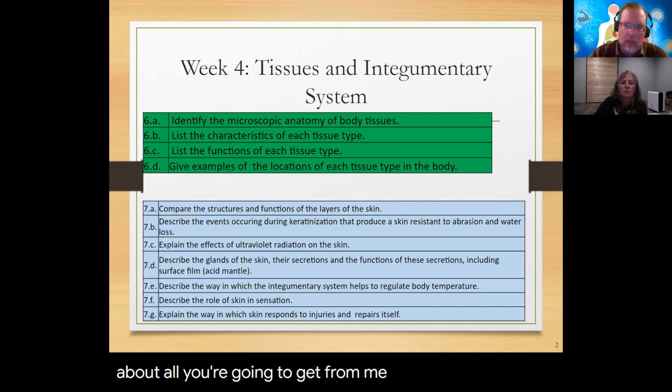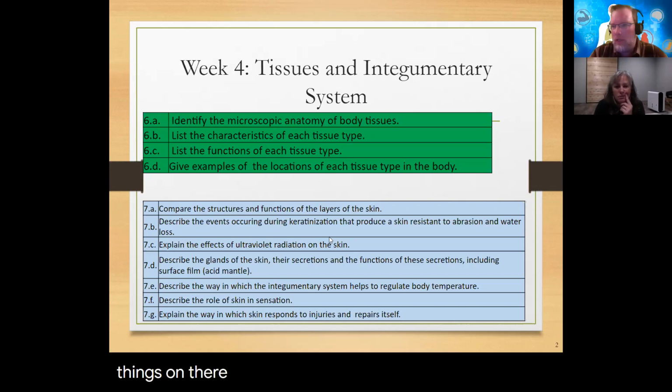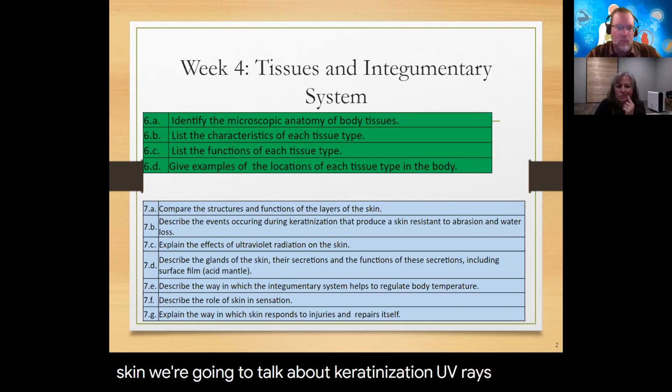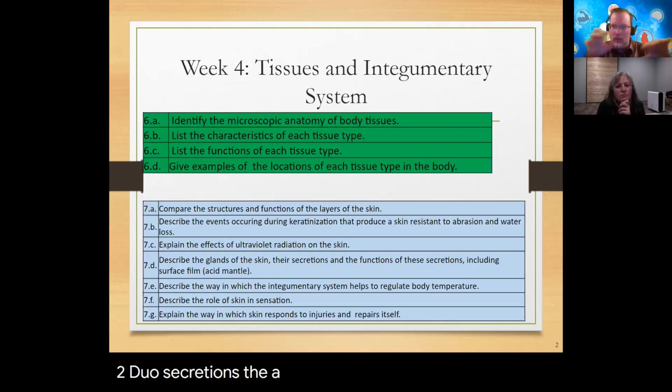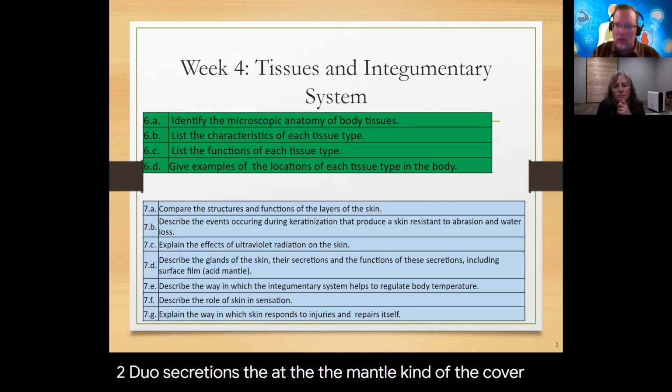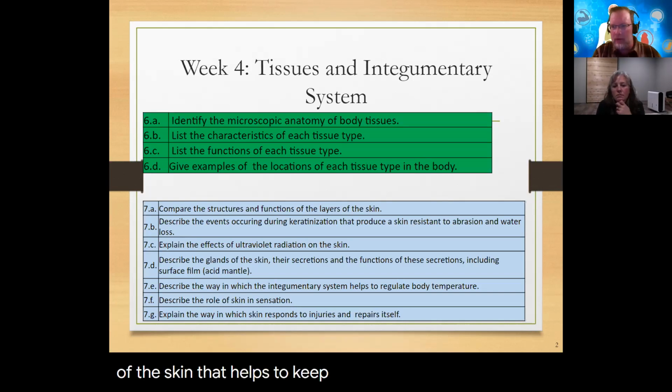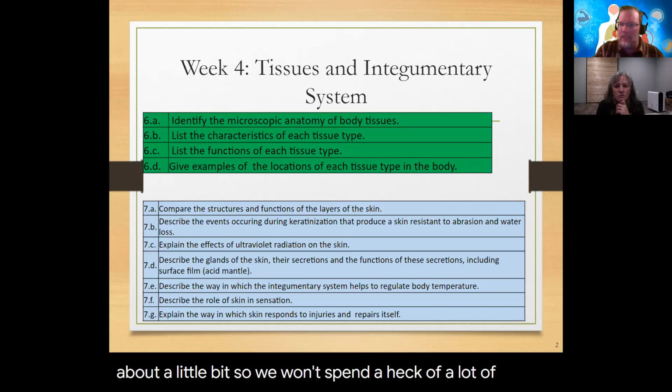We'll touch on a few things on Thursday, but we're going to look at the layers of skin. We're going to talk about keratinization, UV rays, secretions, the mantle, the covering of the skin that helps to keep bad bacteria away. Regulation of body temperature, which we've already talked about a little bit, so we won't spend a lot of time on that. And then sensation.